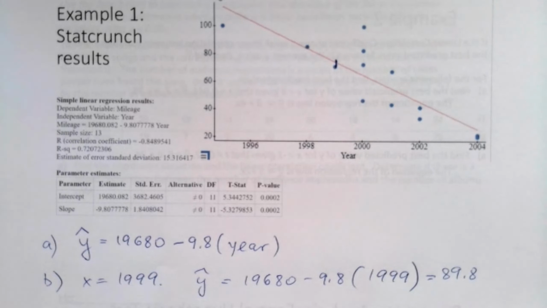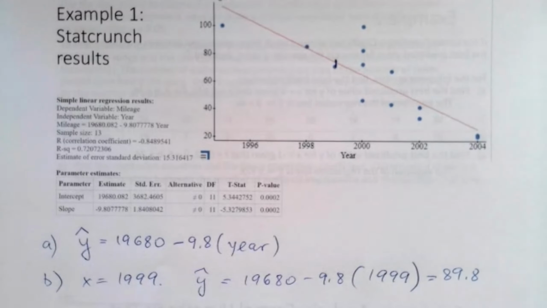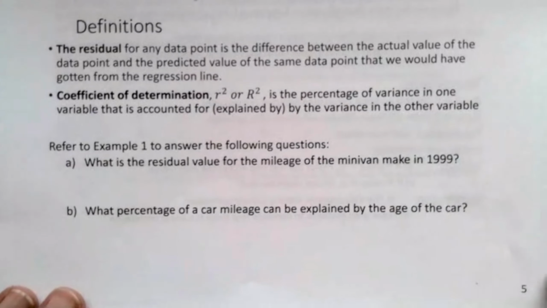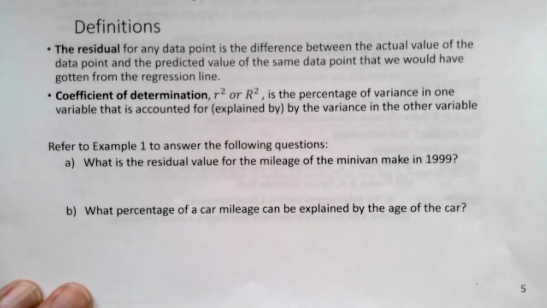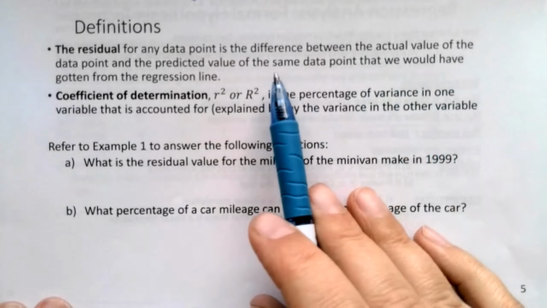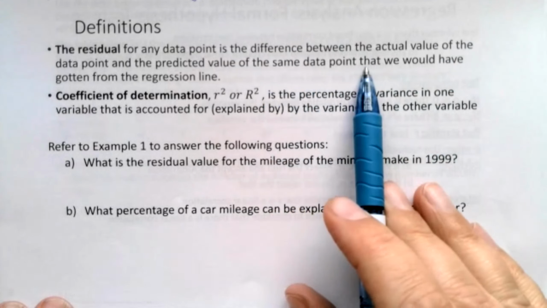Basically the software has an algorithm that selects the line that minimizes the residuals. All right, so the definition: the residual for any data point is the difference between the actual value of the data point and the predicted value of the same data point.